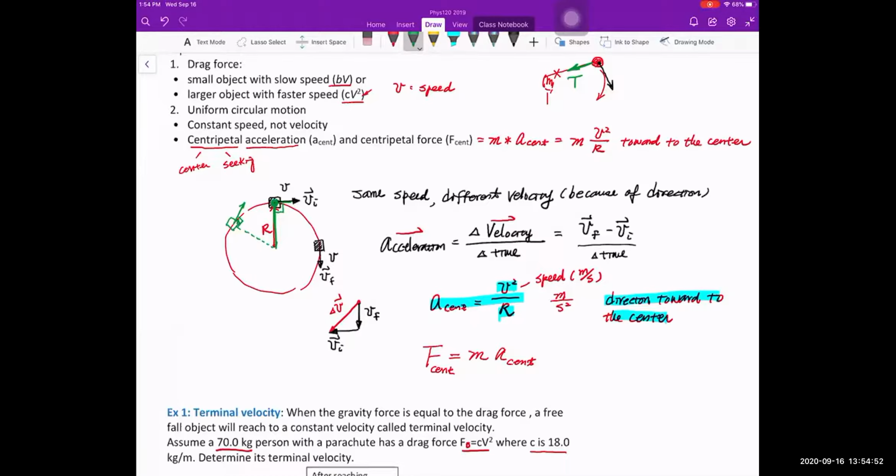So we force the ball to go in a circle because you give a tension force. Now the tension force is your centripetal force. Without that force, it's not going to have the center-seeking property, it's going to fly away. And that's why we call this the centripetal force.